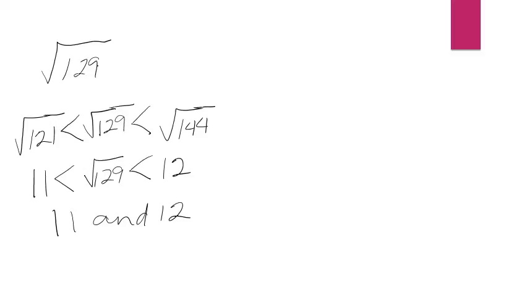Let's look at another one. This time we're estimating the cube root of 50. Okay, so we're going to look at our cube root chart, which we have at the front of the room.